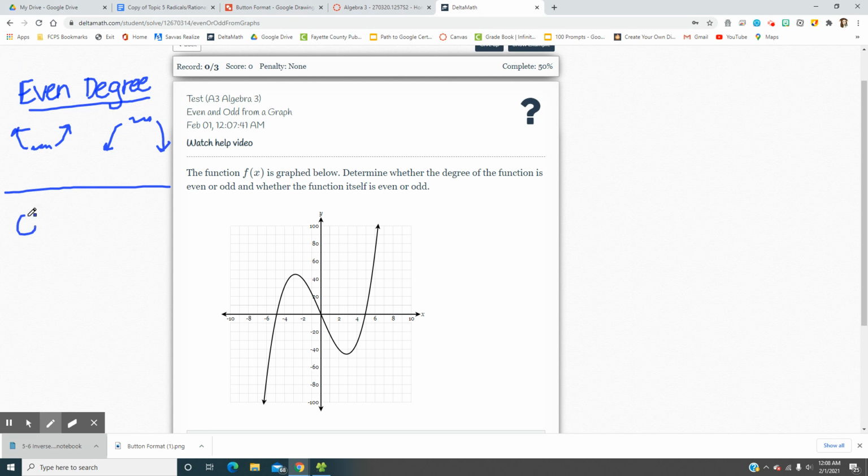It would have an odd degree if one end points up and the other one points down. And it could happen either way, either left down and right up, or left up and right down. So from this picture, both ends are pointing, the arrows are pointing opposite directions. So I can tell you right now that this graph has an odd degree.